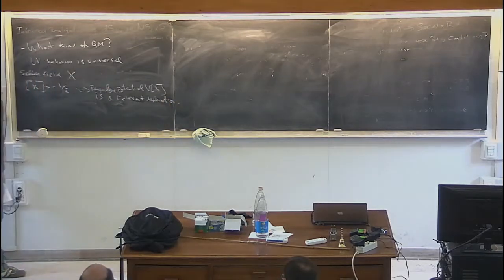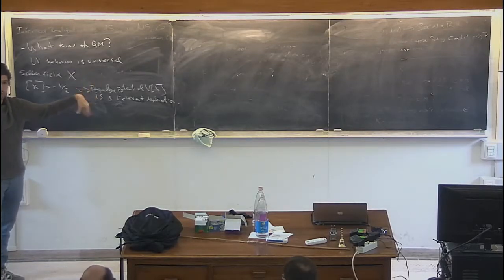This is very surprising. It's very hard for you to find marginal or irrelevant deformations of quantum mechanics. It's very easy to change quantum mechanics in the IR, but it's very hard to do it in the UV.